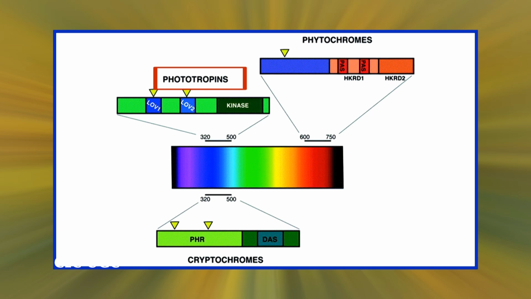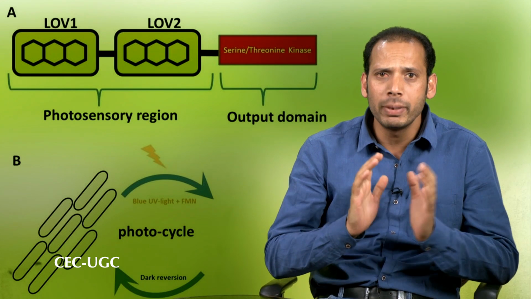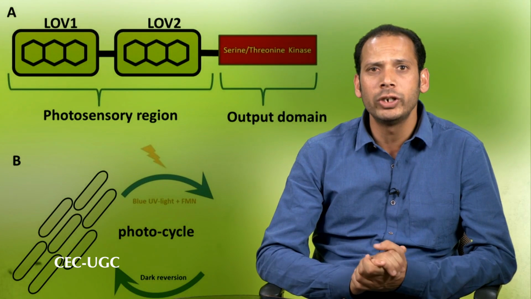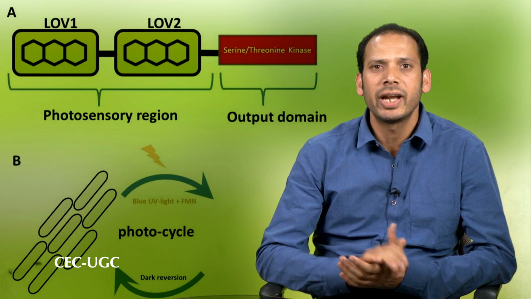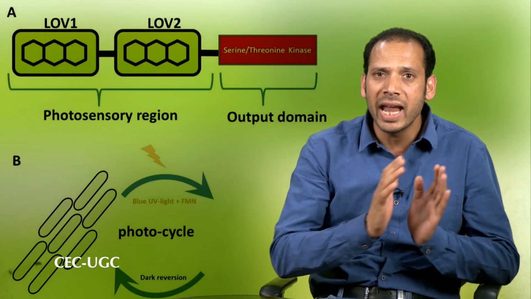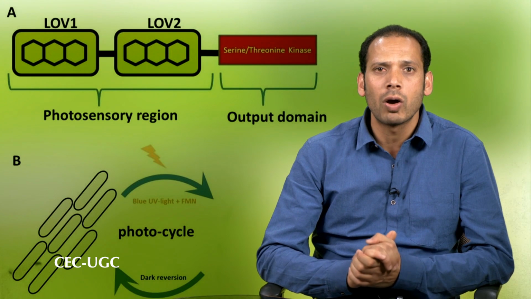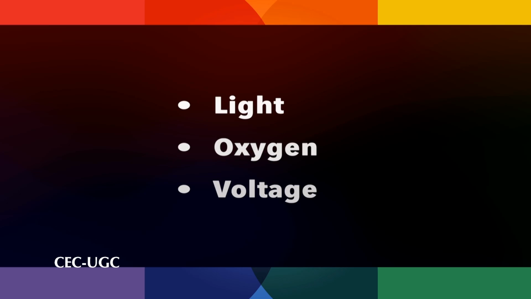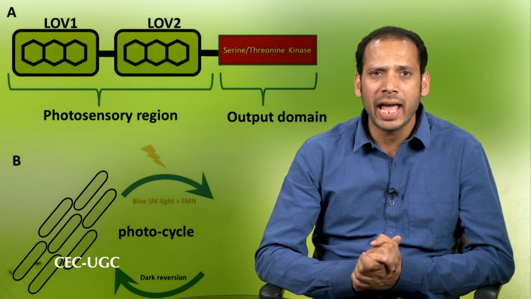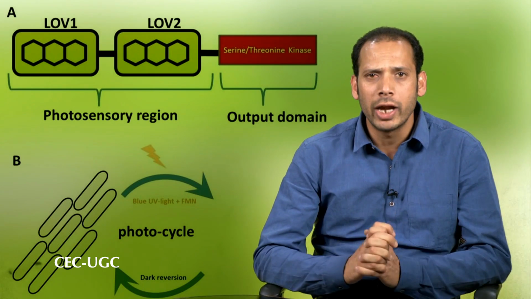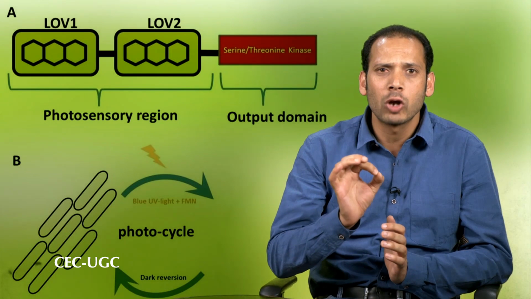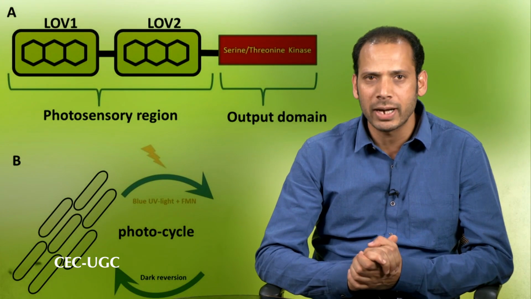Phototropins are blue light activated photoreceptors that play a dominant role in phototropism of plants. Phototropin protein contains two LOV domains, that is light, oxygen, and voltage domains, in their N terminus that are characteristic of proteins activated by light, oxygen, and voltage. Each LOV domain carries one flavin mononucleotide chromophore that absorbs light in the blue region of the spectrum.